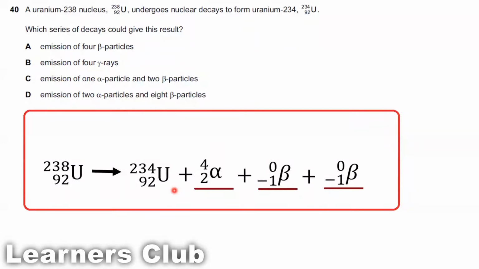Try adding the largest value, which is the alpha, then try to balance it. Or you can try each option one by one. That is also one way, or you can use this method. So you need emission of 1 alpha particle with emission of 2 beta particles. So the answer is C.